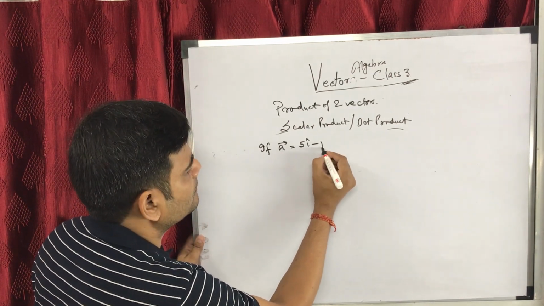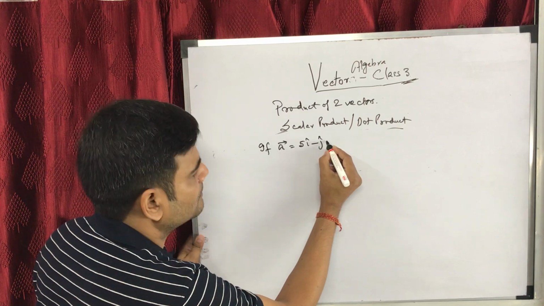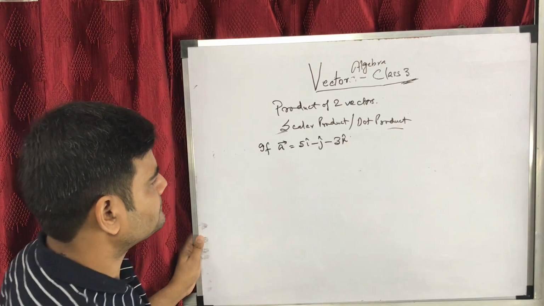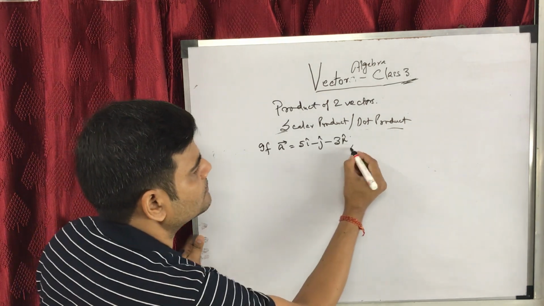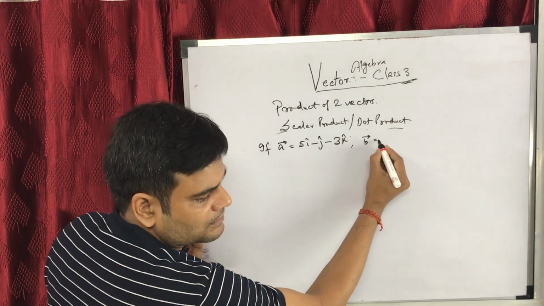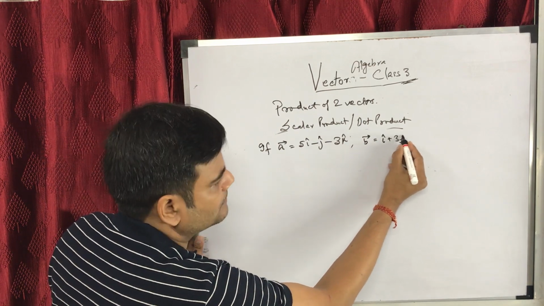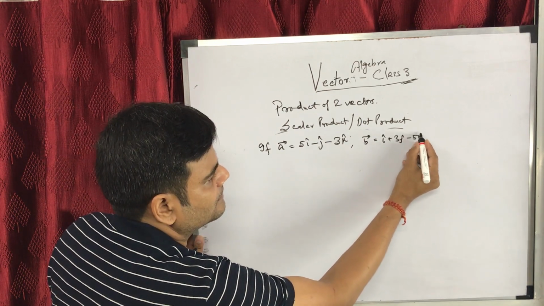See, I am doing all this from your books. And B equals i plus 3j minus 5k.